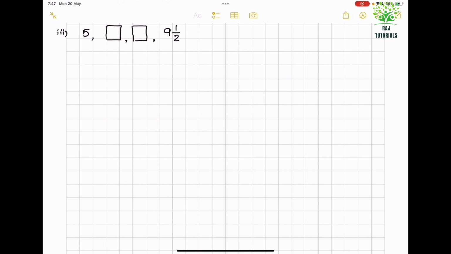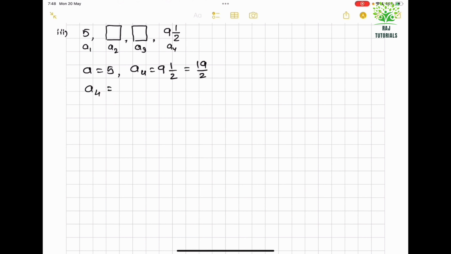The next one is 5, box, 9 integer 1 by 2. So this is A1, A2, A3, A4. So here A equal to 5, A4 equal to 9 integer 1 by 2. So that will be 19 by 2.